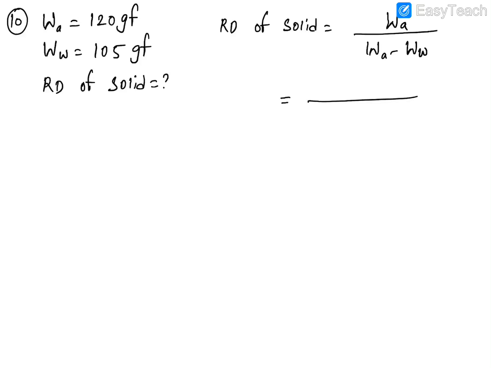So 120 upon 120 minus 105, which is 120 upon 15, equal to 8. Done. There is no unit for RD. Guys, sum number 12 is exactly the same type of sum. You will do it on your own.